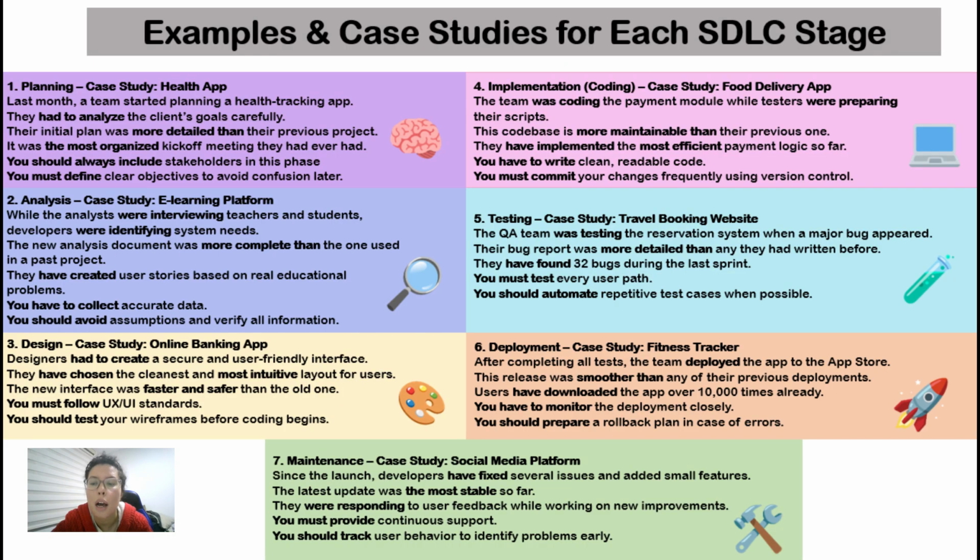Now we have to talk about examples and case studies for each software development life cycle stage. So first stage is planning. Our case study is a health app. Last month, a team started planning a health tracking app.